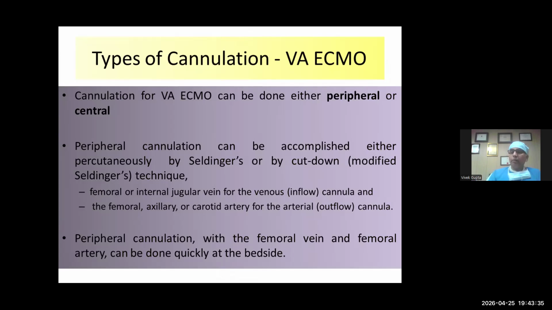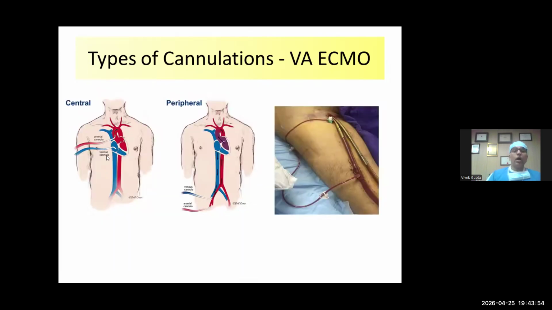So VV ECMO can be either the peripheral one, which is what I'm talking about, these peripheral cannulations, or it can be central cannulation. Peripheral cannulation you can do by the percutaneous technique using Seldingers, or modified Seldingers by making a cutdown, or it can be totally open. And central cannulations are always open.